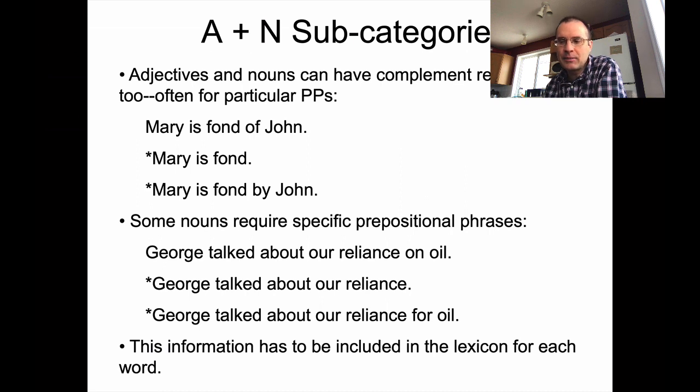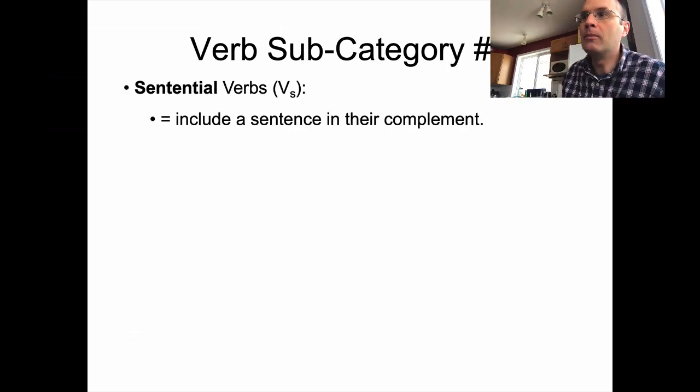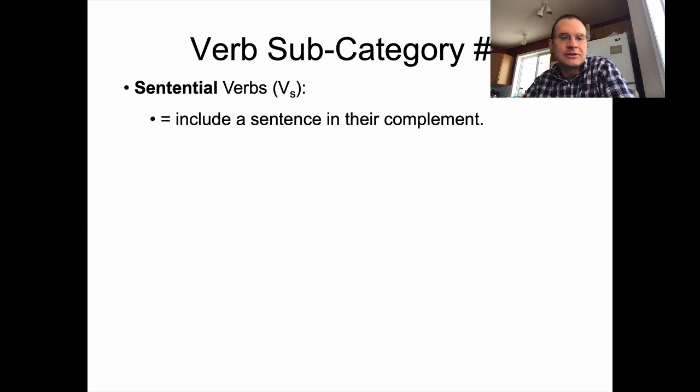So since you can't simply have a specific rule for a specific lexical item, instead you just say, well, in our lexicon, in our mental dictionary, we have specific information about these individual words to tell us what kind of prepositional phrases they can be followed by. So that's, again, something you just have to know in order to be a competent speaker of a language.